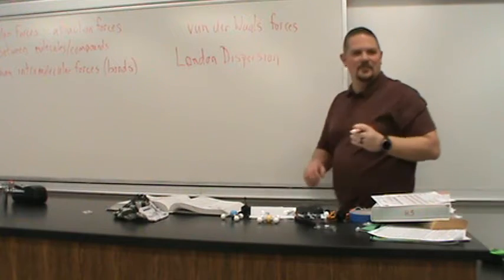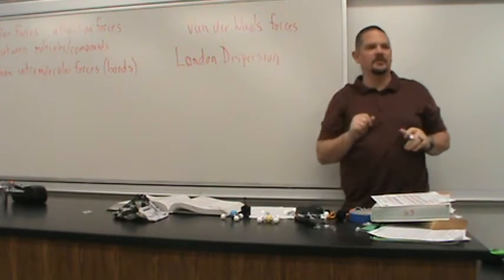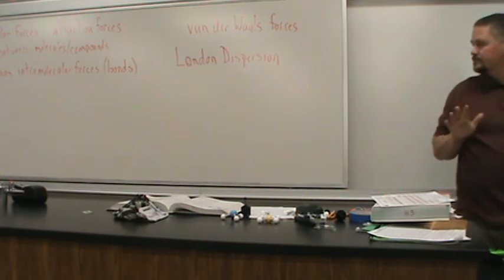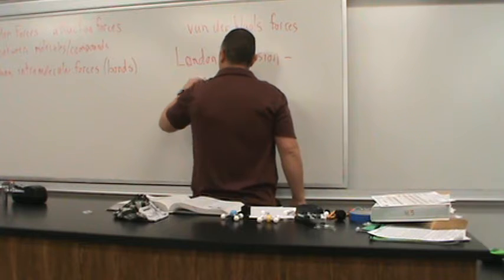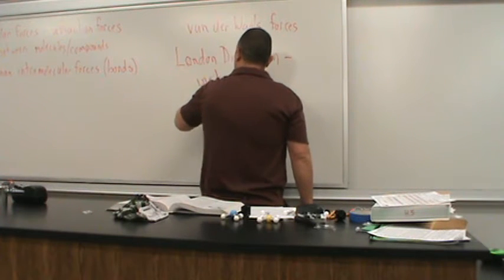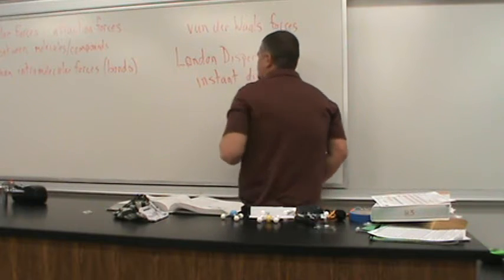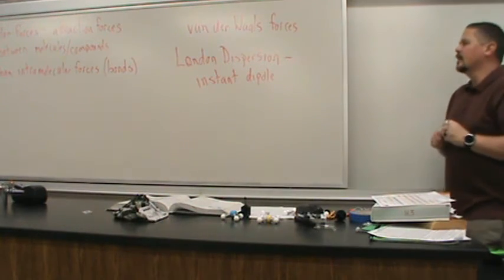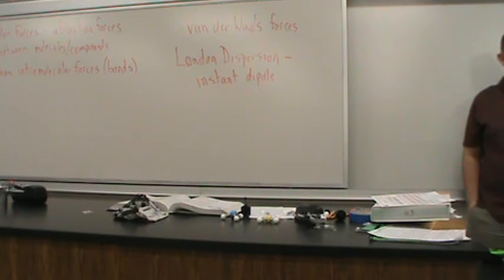Okay, so our first one. Under the van der Waals forces, the first one is called London dispersion. Now, the London dispersion force is an instant dipole. Looking at the word dipole, what does that prefix di mean? Two. What do you think pole means?